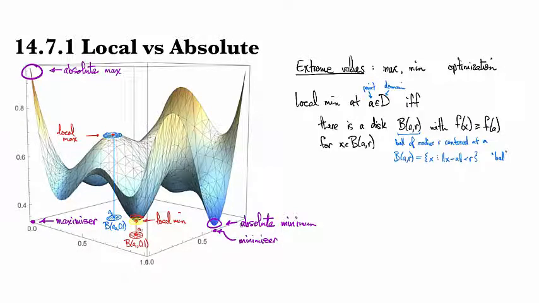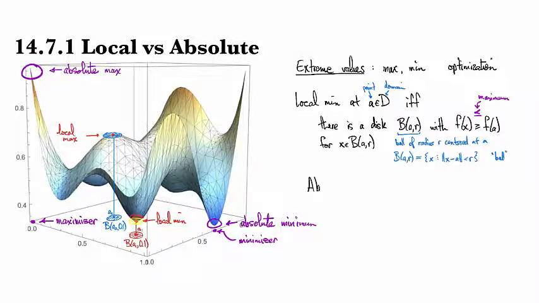So that's the difference between local and absolute. And the difference between max and min is just that for a maximum, you would just reverse the inequality over here. And I didn't write it before, but I guess I could.